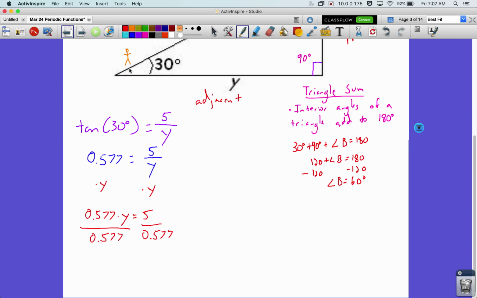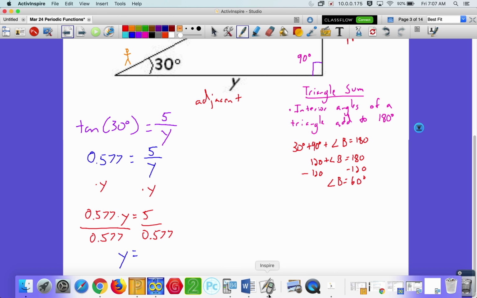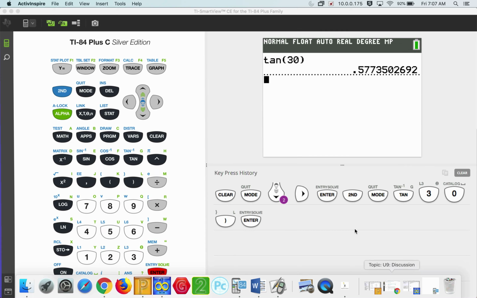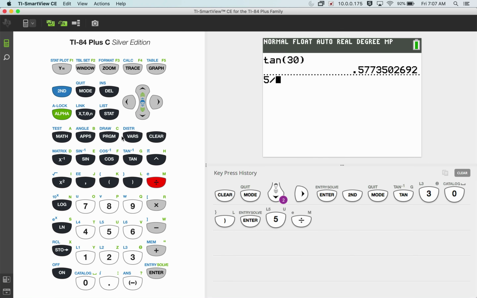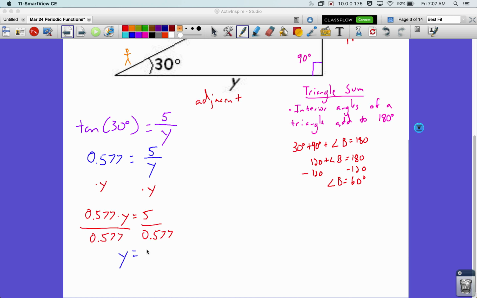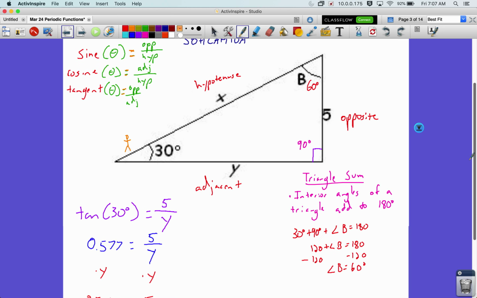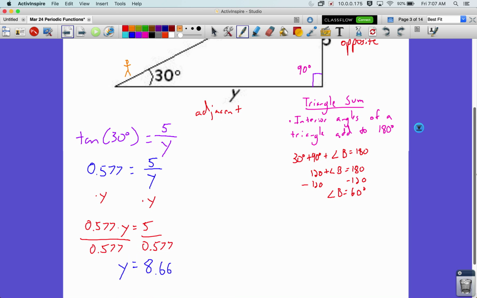And I get y equals, now I want to do this in the calculator so I can preserve precision here, 5 divided by second answer gets me 8.66. So 8.66. And we don't have a unit here, but that's some sort of length unit for our y.